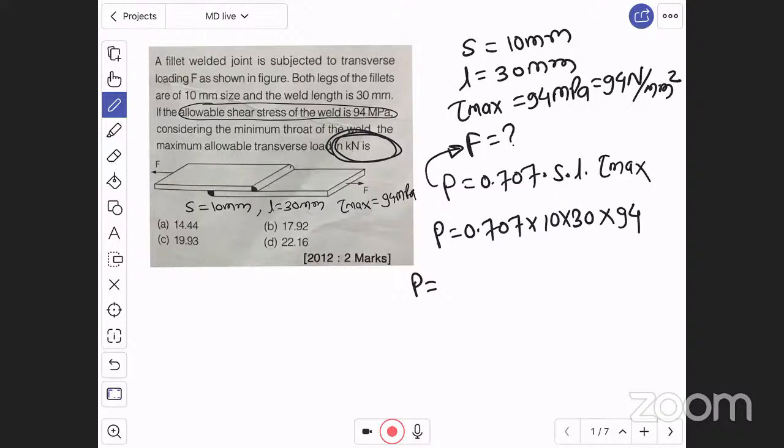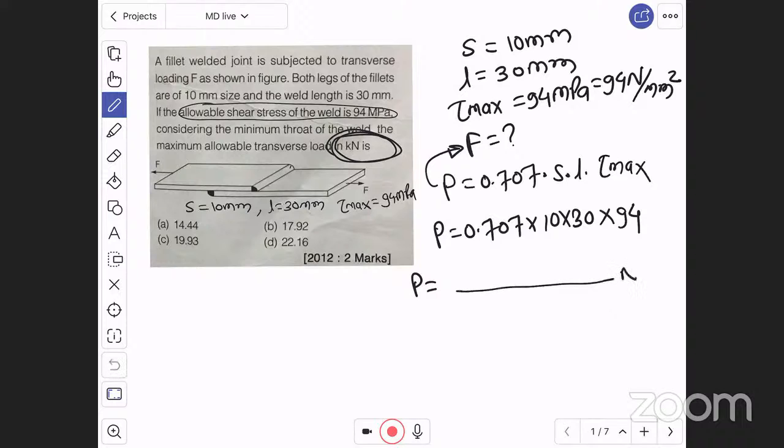My dear students, comment me your answer. Whatever may be the answer, comment me your answer. I am expecting an answer from your side because everything I have written here. Dimensions we are using in Newton per mm square, therefore force will come in Newton.